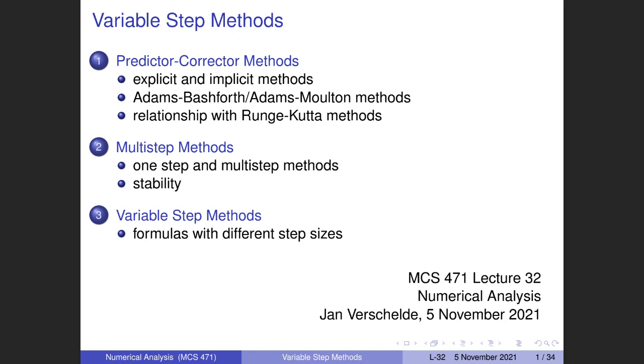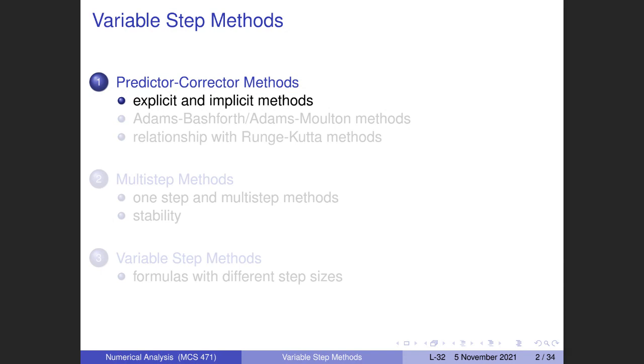We will end with variable step methods, where we use different h values, combining the formulas, the values that we have for those different steps. All right, that's the plan for this lecture.